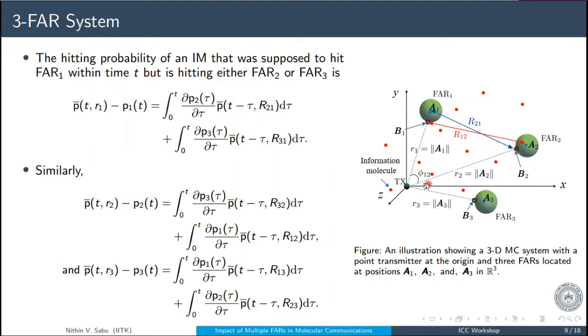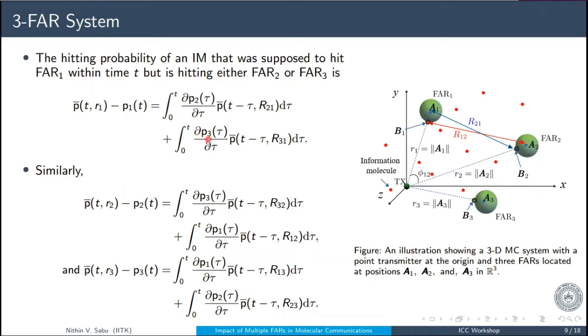R21 is the distance between the nearest point on FIR2 from the transmitter and the center of FIR1. Actually, the hitting point can be anywhere on the surface of the FIR2, but it is approximated as the closest point from the transmitter. That's why the derived equation is approximate.